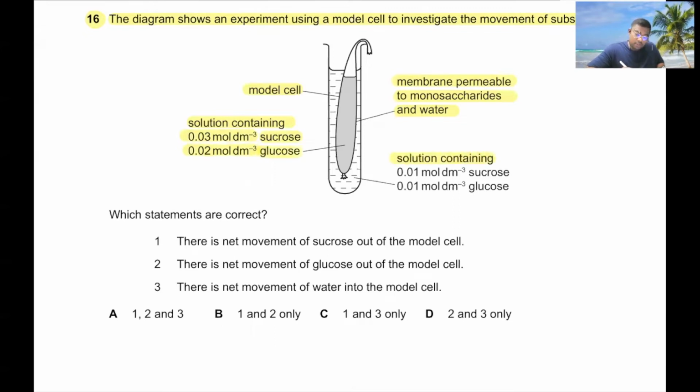The outside solution contains 0.01 mole per dm cube sucrose and 0.01 mole per dm cube glucose. Which statements are correct? There is a net movement of sucrose out of the model cell. Sucrose cannot pass through the partially permeable membrane, so option 1 is wrong. If option 1 is wrong, then A, B, C are all cancelled. Option D is correct. 16D.